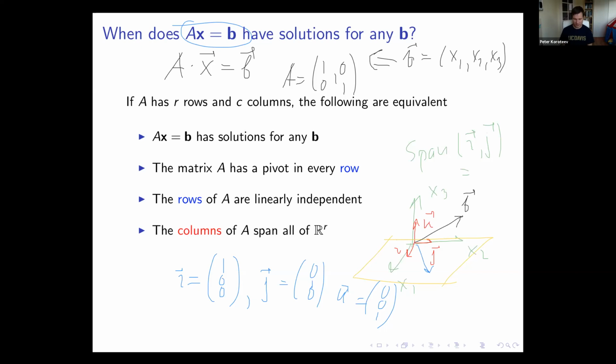You see here that the matrix A has pivot form, the echelon form. It has 3 pivot rows, and the columns generate the entire space.